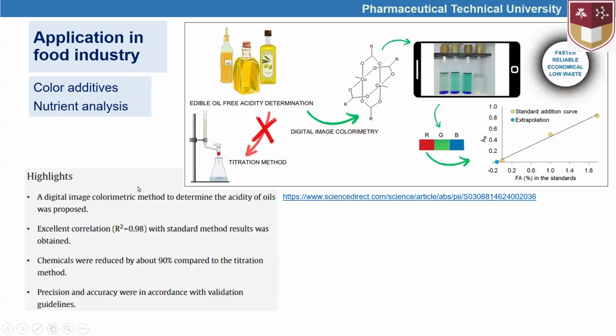In food chemistry, it can be widely used. This is another example. Here, I would like you to pay attention to the R squared, which is also quite high. And the authors also highlighted the precision and accuracy that were in accordance with the validation guidelines.